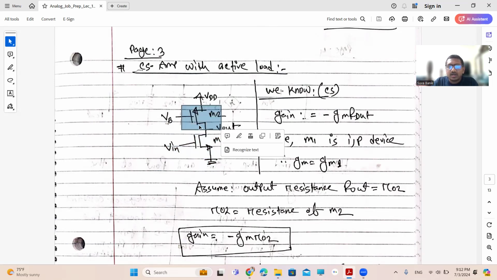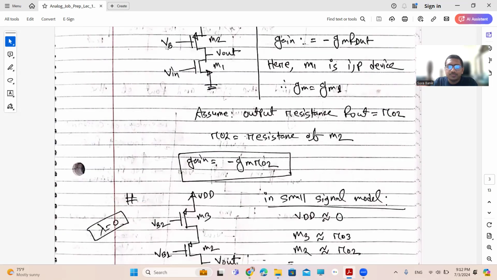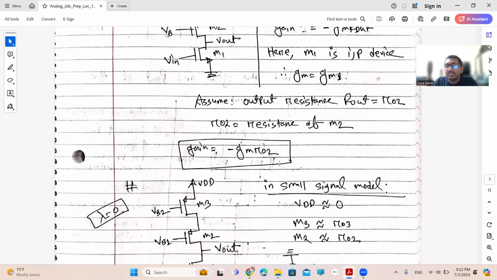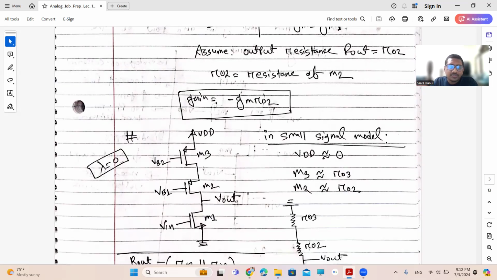Now, instead of RD, the output resistance is RO2, the source to drain resistance of this PMOS. So here the gain is minus gm RO2.